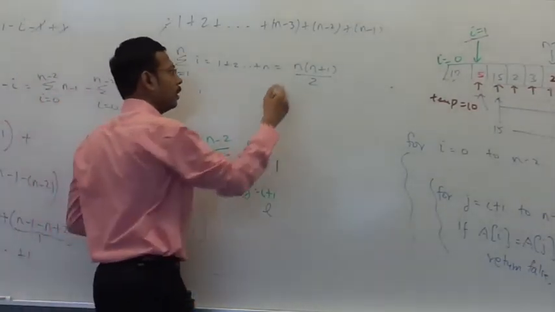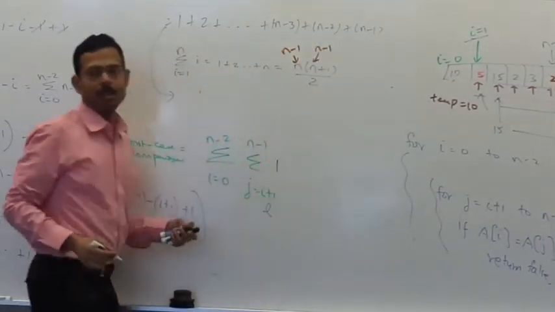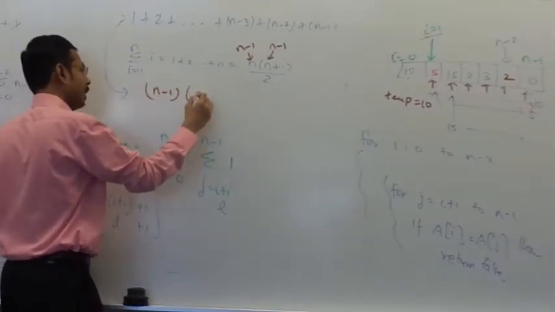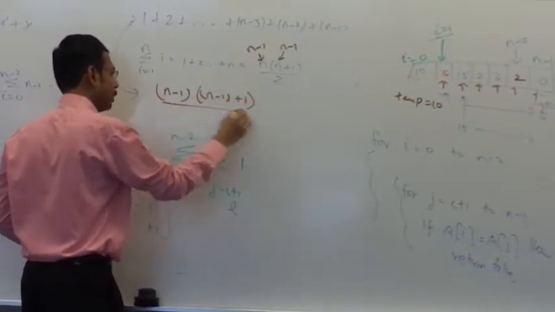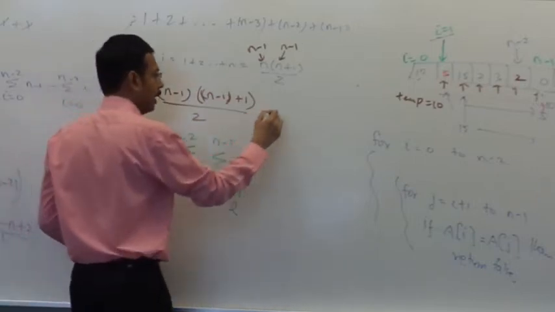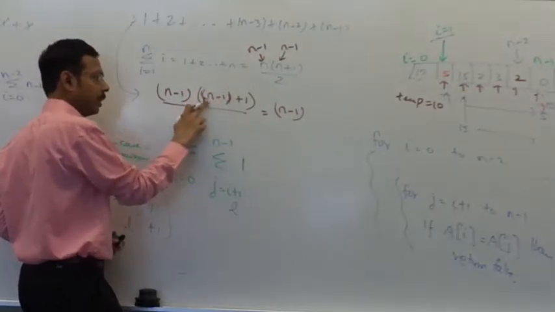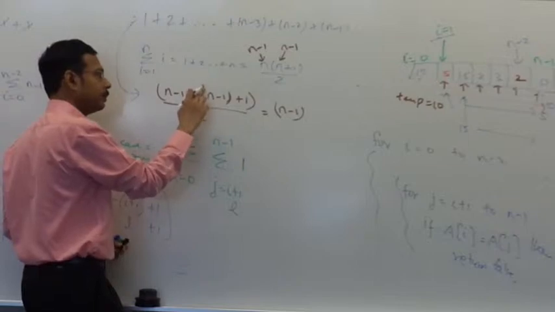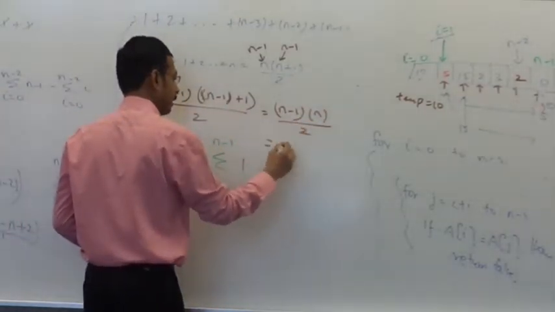So this should be n minus 1 times n minus 1 plus 1 over 2. The n minus 1 plus 1 is n. So that is theta of what?